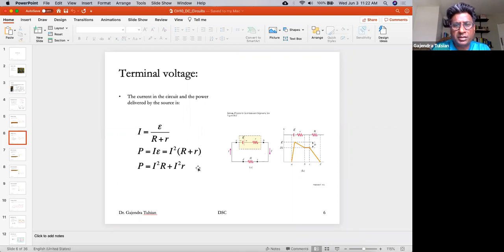The power dissipated in the circuit is I squared R, which is the power dissipated in the load, plus I squared r, little r, which is the power dissipated in the internal resistance of the battery. So you see this is wasted energy. This is the power delivered to the load. This is what you want. So you want the internal resistance to be as small as possible, negligible, hopefully.